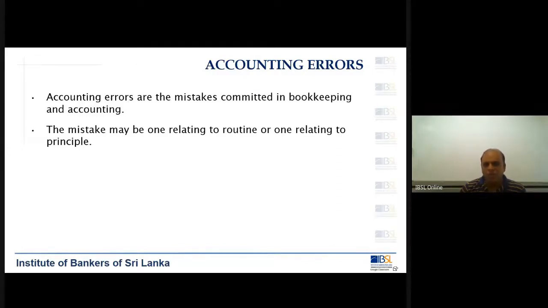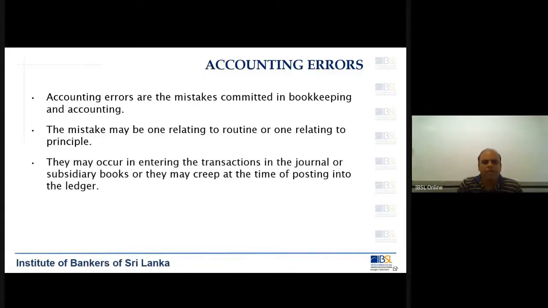Or there could be something fundamentally wrong due to the wrong principle that you have adopted. So application of a concept, let's say, or application of a rule or assumption in the wrong manner. So you know that the result of that would be a mistake once again.